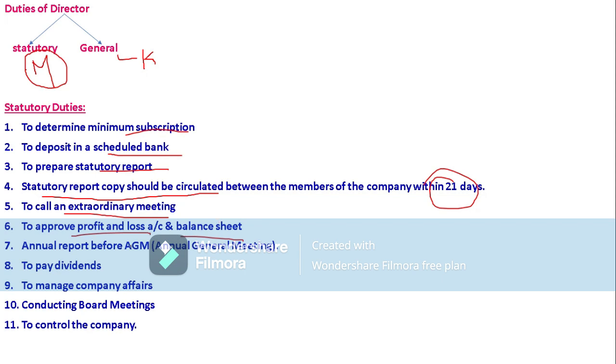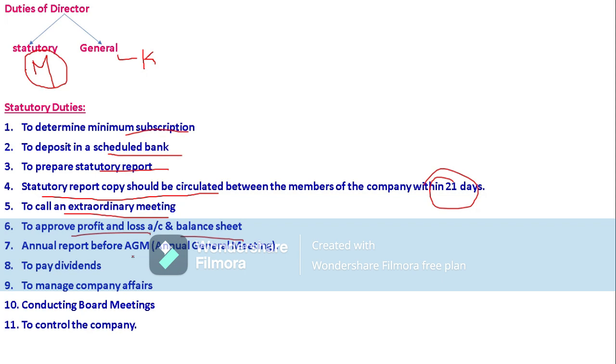Next one is the annual report, before the annual general meeting. Every year the AGM, annual general meeting, will be conducted. In that annual general meeting, the annual report should be submitted by the directors. They have to give the full data, the information regarding the status and performance of the organization.